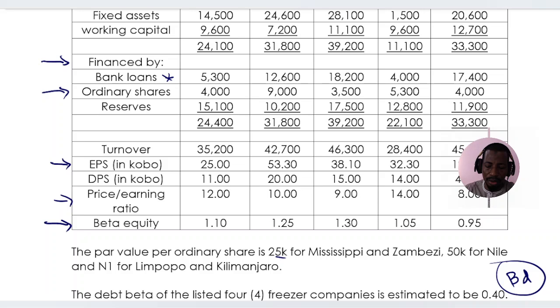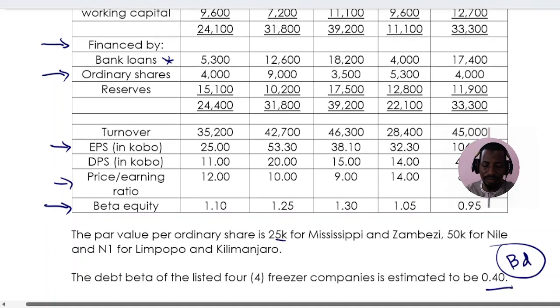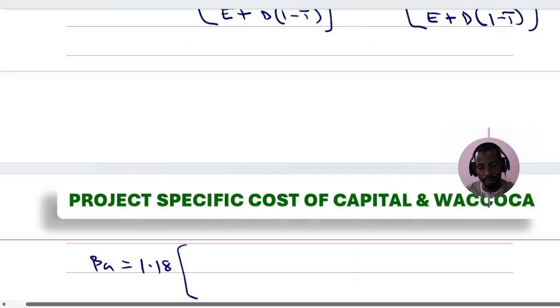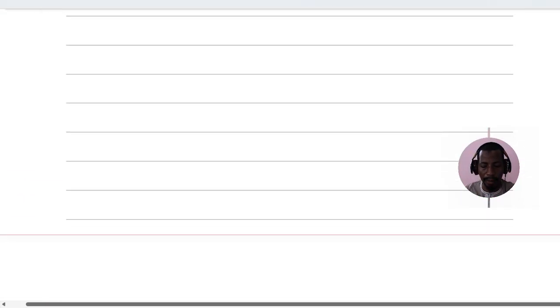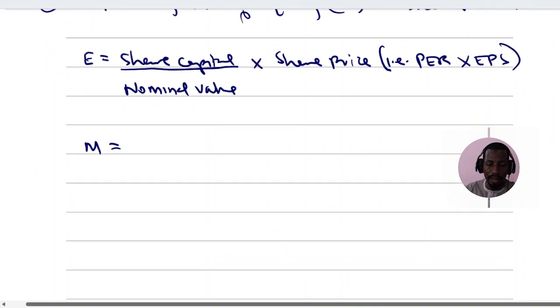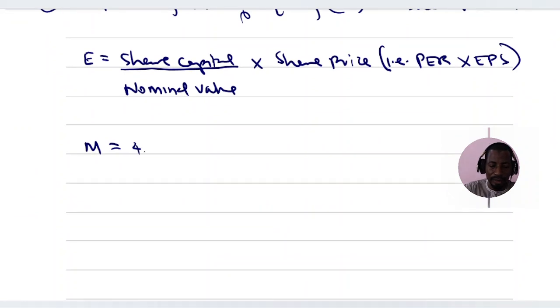So 25 kobo is for Mississippi. So 4,000 divided by 0.25. That will give the number of shares.